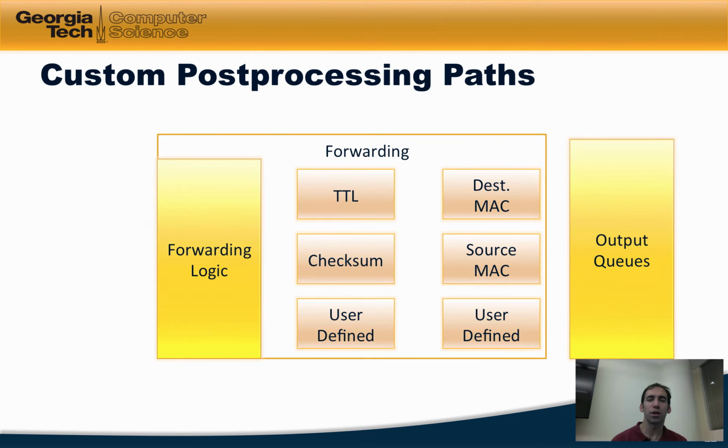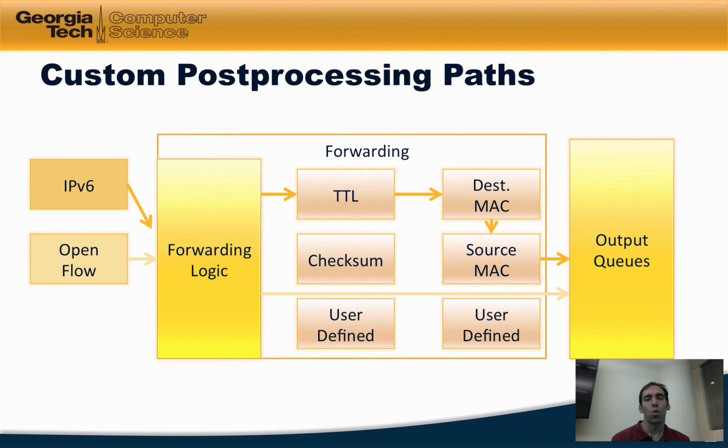This combination of virtual data planes and custom post-processing allows Switchblade to perform different packet processing operations depending on the type of packet that arrives. So an IPv6 packet might be subject to a number of operations such as a TTL decrement, whereas a layer 2 OpenFlow packet might be simply directed straight from forwarding logic to the output queues.